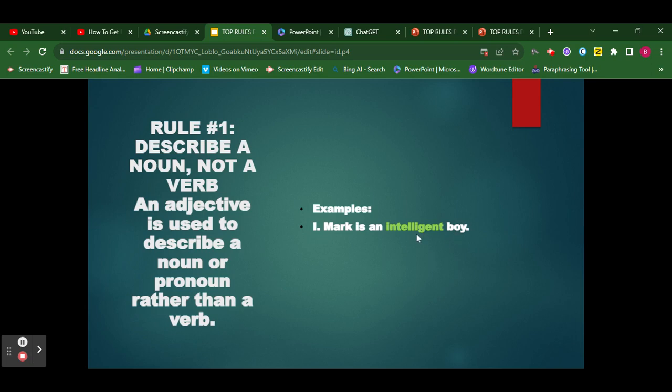The adjective here is intelligent and it is modifying or describing the noun boy. The atmosphere in the courtroom was calm. The adjective here is calm and it is describing the noun atmosphere. Okay?